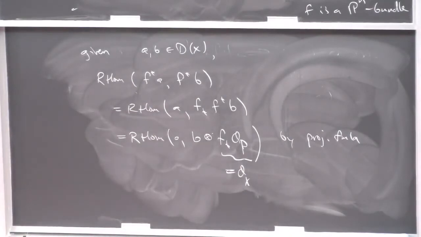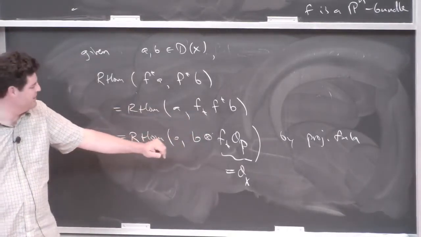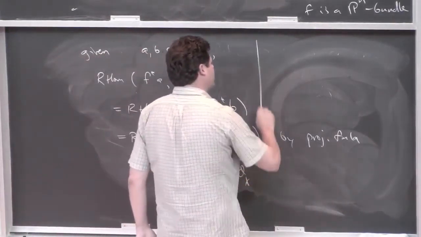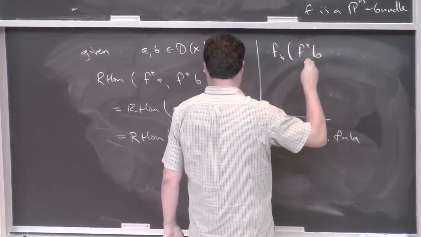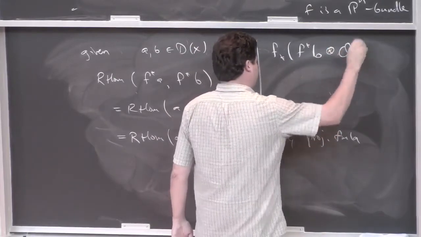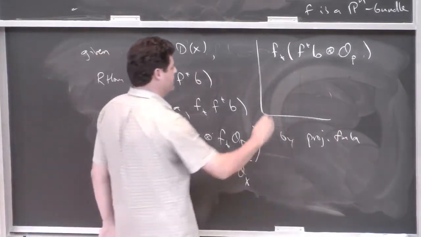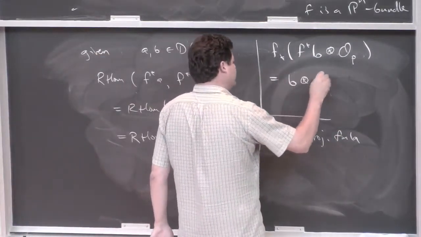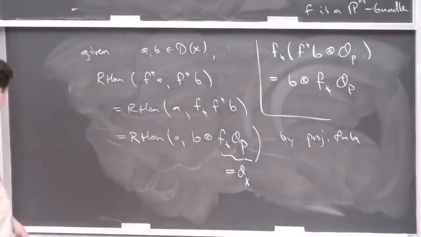So this is a flat thing, and you know the cohomology of O on the fibers is what it should be, so by Grauert. Oh, I'm sure someone's going to ask how this doesn't look like the projection formula that you've seen. But you use it this way: I rewrite F star B as F star B tensor OP, and then this is B tensor F star OP.